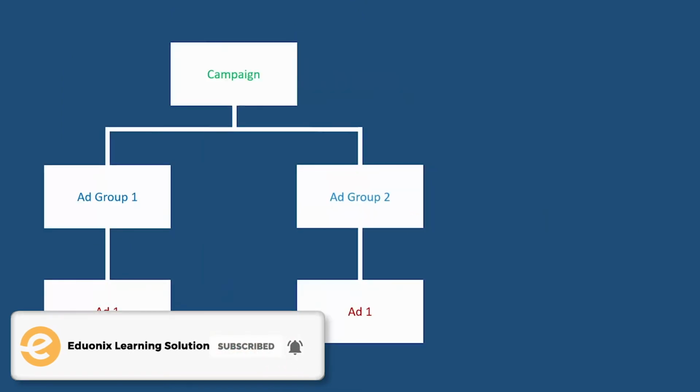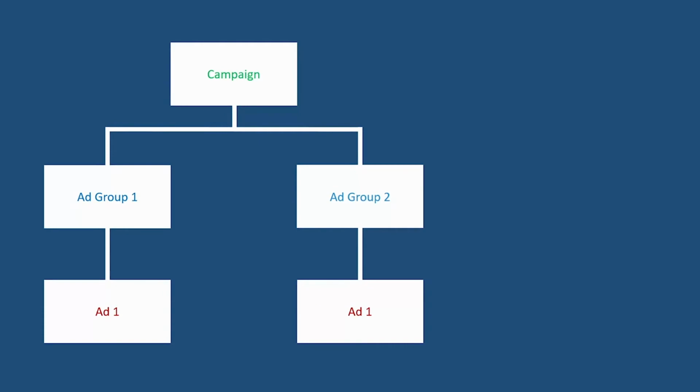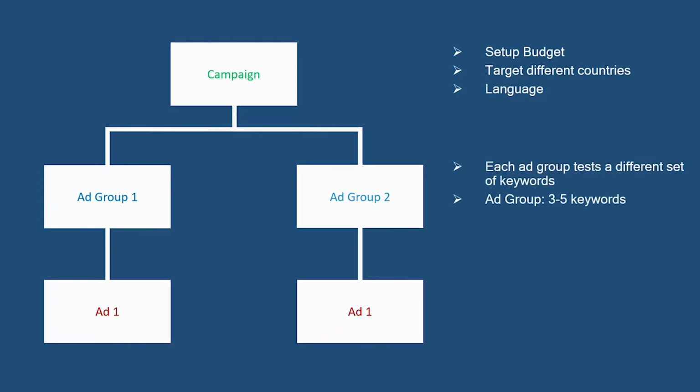So at the very top of your campaign, you have the campaign level. At the campaign level, you set up the main settings for your campaign. This includes your budget, the location that you want to target, and the language of your offer. Next, you have the ad group level. On this level, you create ad groups for keyword sets.